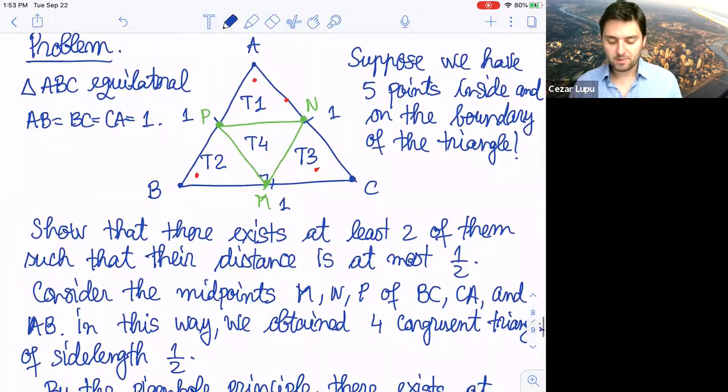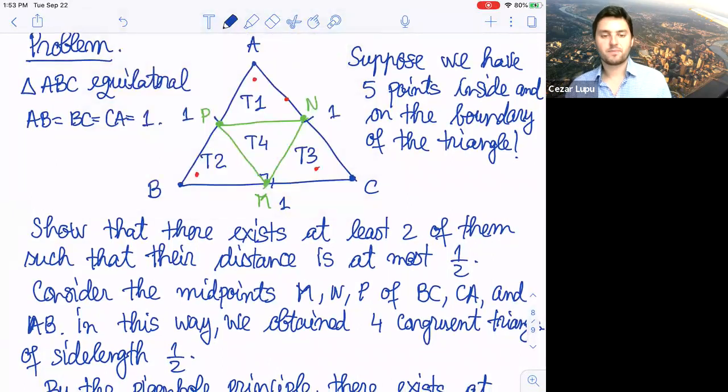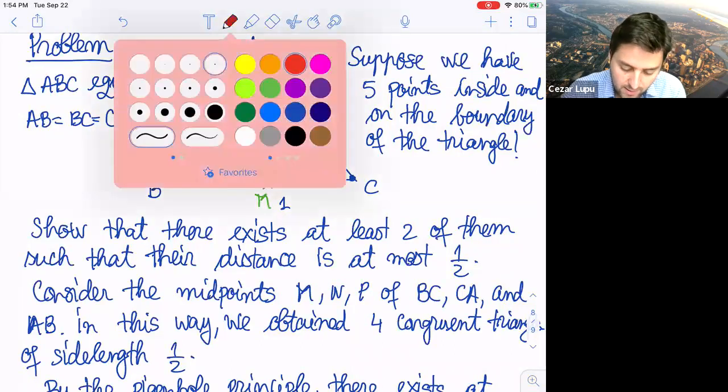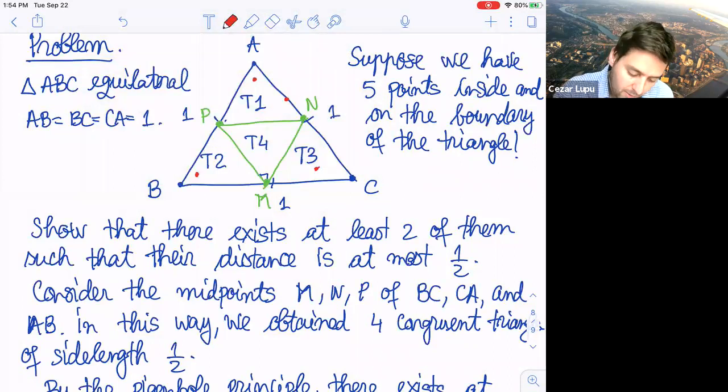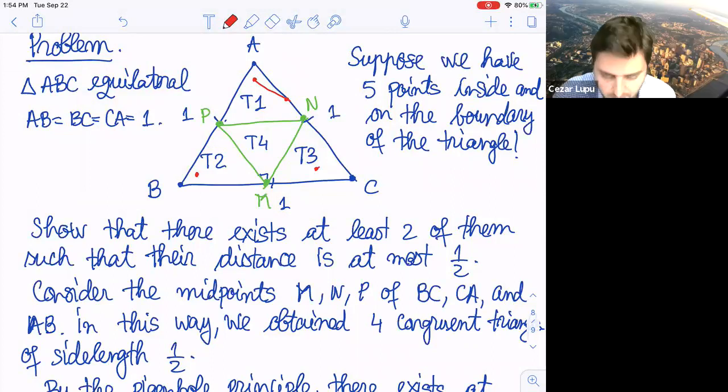If you see, even if I look here, what is the maximal distance? It's 1/2, right? For example, if you place one here and one here, they cannot be more than the side length. She said they could be on the boundary though, so you could be exactly 1/2. Yeah, you can put one here and one here.